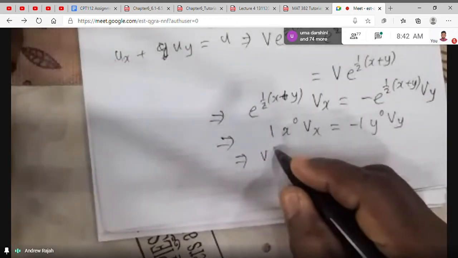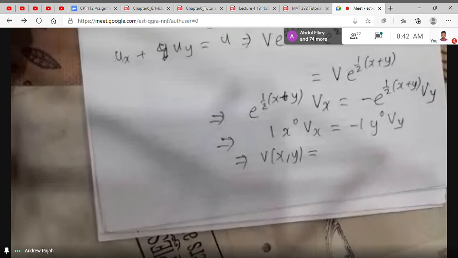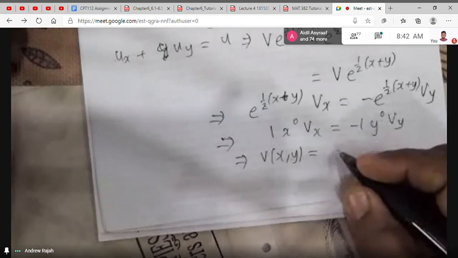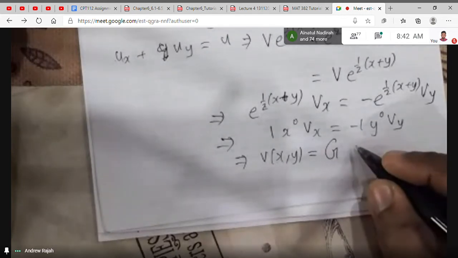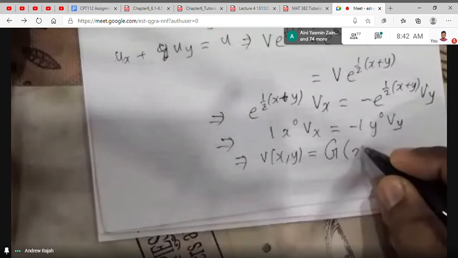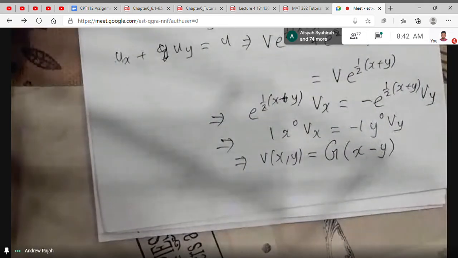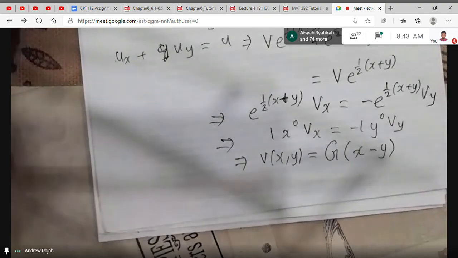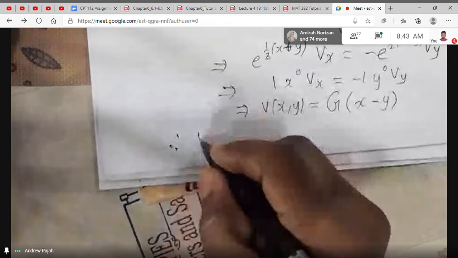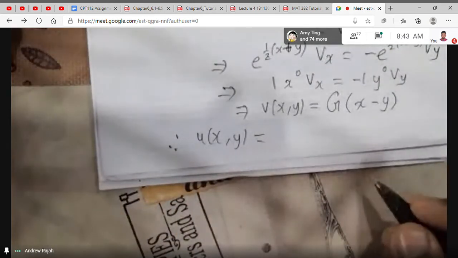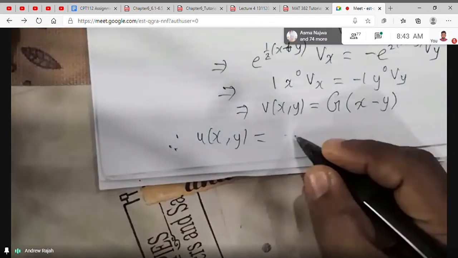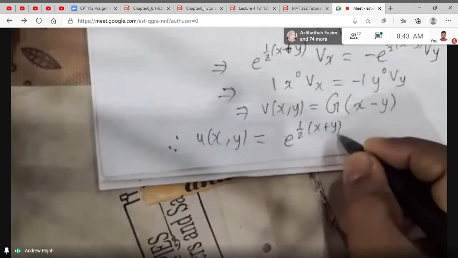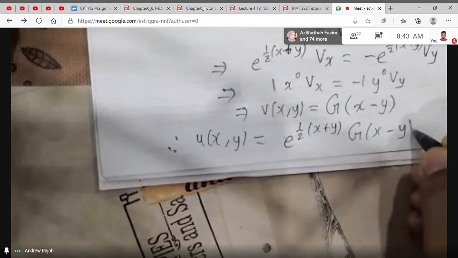This implies v(x,y) equals some g(x minus y). Therefore u(x,y) equals e to the power of half (x plus y) g(x minus y).